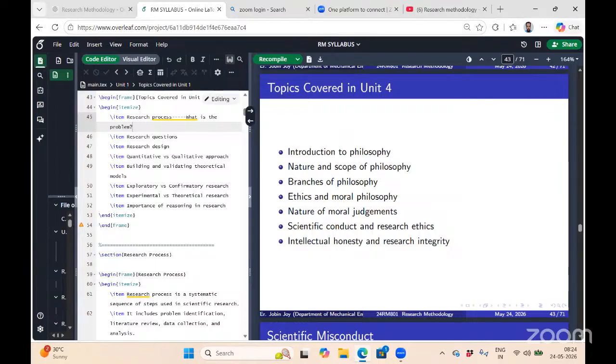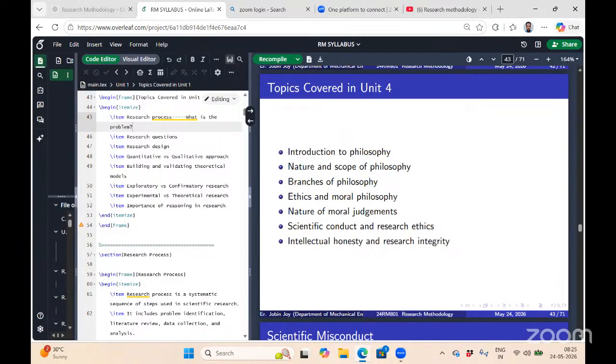Scientific conduct and research ethics. In conducting research, the researcher should follow ethical behavior, that means honesty, transparency, and integrity, in order to avoid plagiarism, data manipulation, fabrication, and falsification.